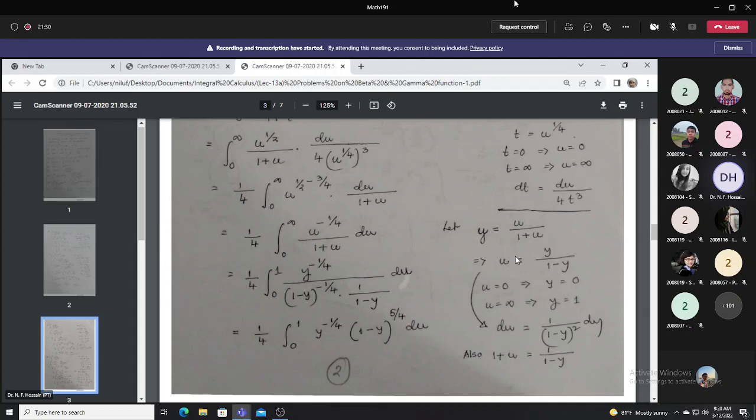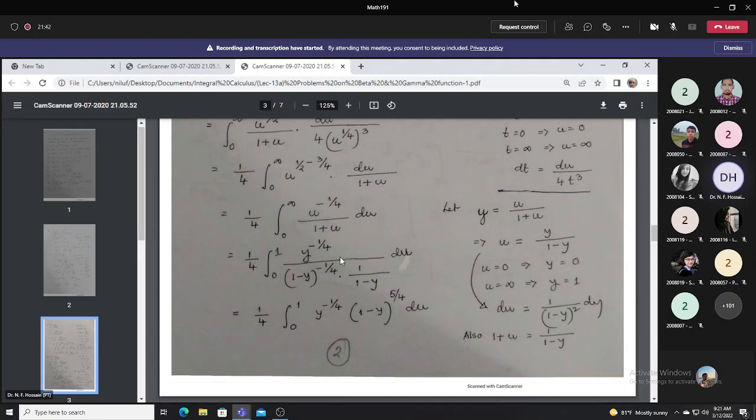If you do the algebra, the value of u should be y divided by 1 minus y. So let us put it here. Here the power of u becomes minus 1 over 4. The value of u is this, so it should be y to the power minus 1 by 4 divided by 1 minus y whole to the power minus 1 by 4.